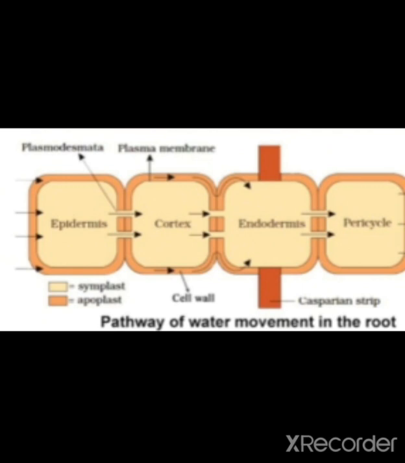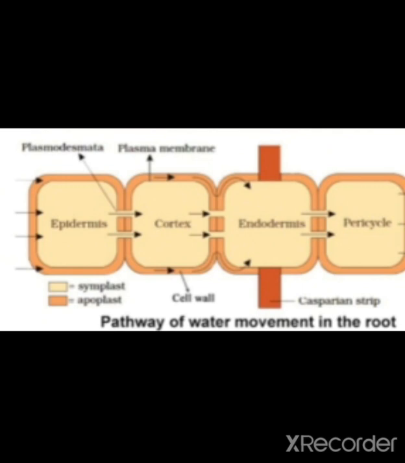Water movement through the apoplast is dependent on gradient and occurs through mass flow. The apoplast does not provide any barrier to water movement.